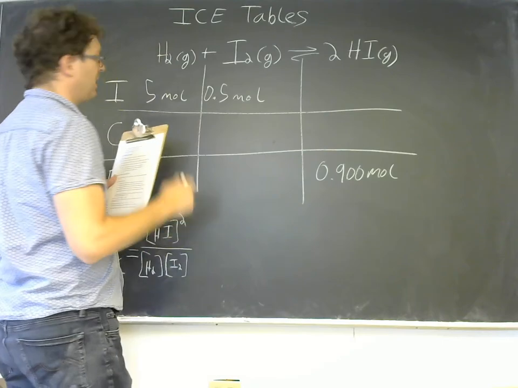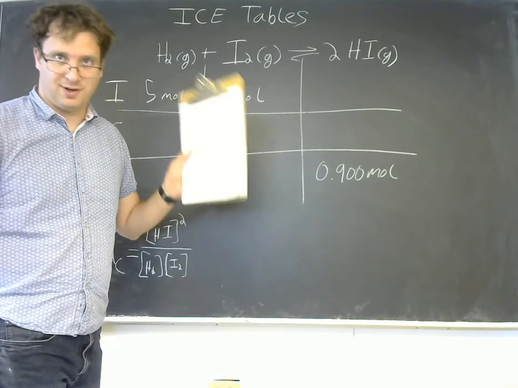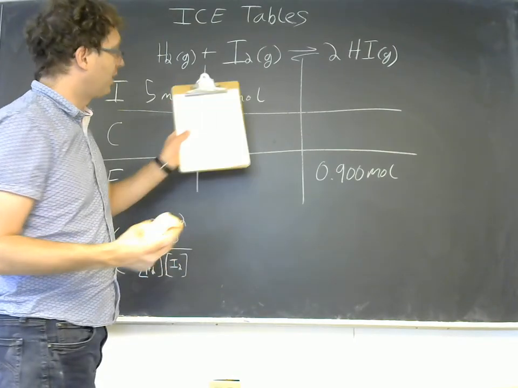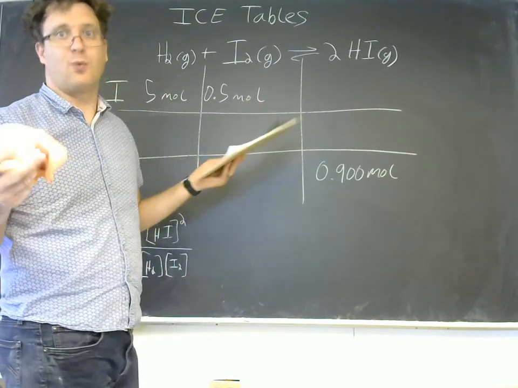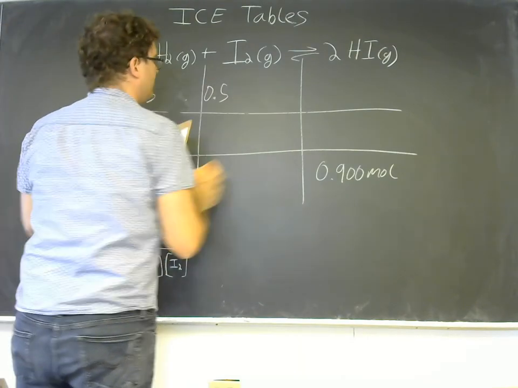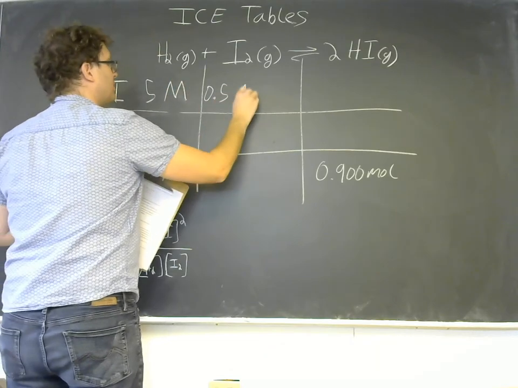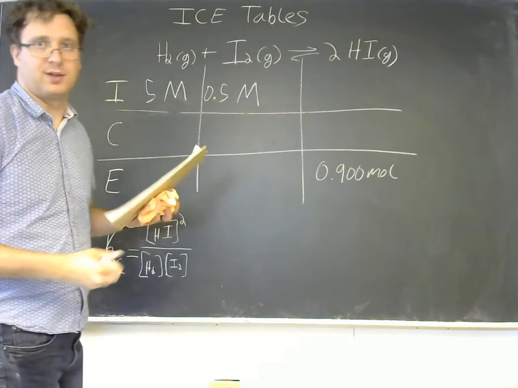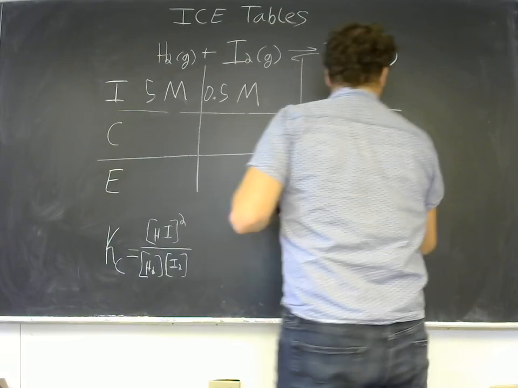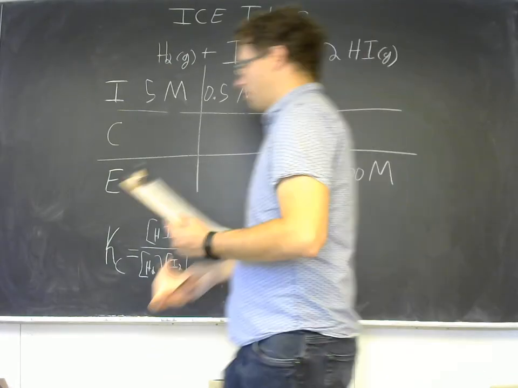Because it's a 1 liter chamber, we're going to do concentrations. That 5 mole and 0.5 mole can be expressed as molar amounts, because we're just dividing by 1 liter. And then our final concentration of HI is 0.9 molar.